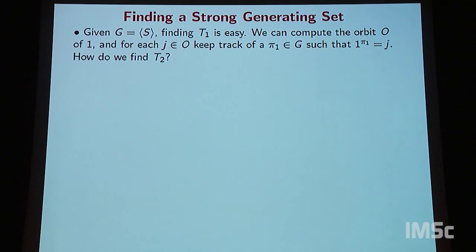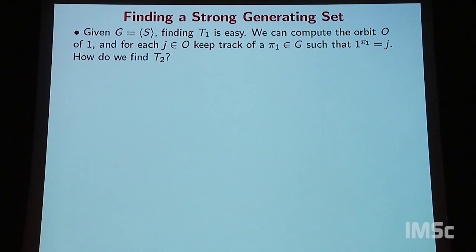Okay, so I want to find all the transversals, T1, T2, the coset representatives for each layer in my tower of pointwise stabilizer subgroups. Finding T1 is easy because we know how to compute the orbit of 1. And when I compute the orbit of 1, one thing I forgot to tell you is that we can keep track of which group element maps 1 to the different points in the orbit.